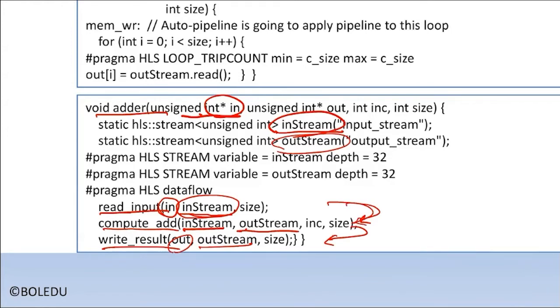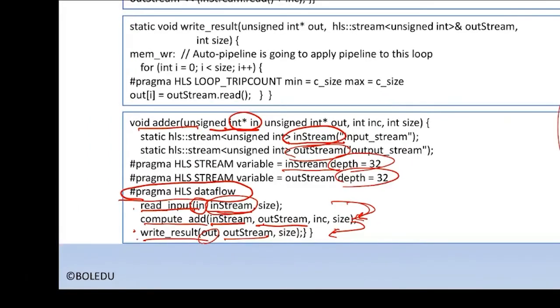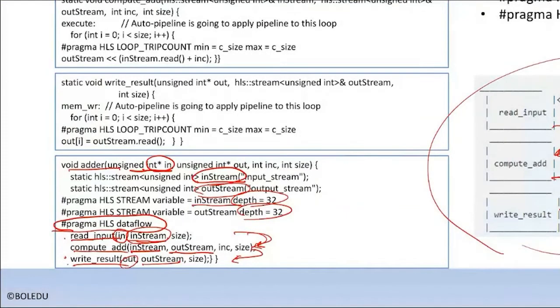And for a stream, you specify the depth. And for these three functions, you use the HLS data flow. Keep in mind that's how you use it. That's the standard format to use the data flow. First, you use the HLS data flow within this function's scope.